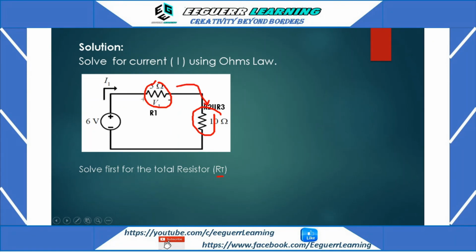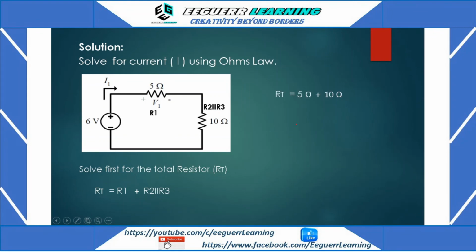Okay, and let us proceed with our formula. So with that, we're just going to add R1 plus R2 parallel with R3, the result of R2 and R3, and get the values.